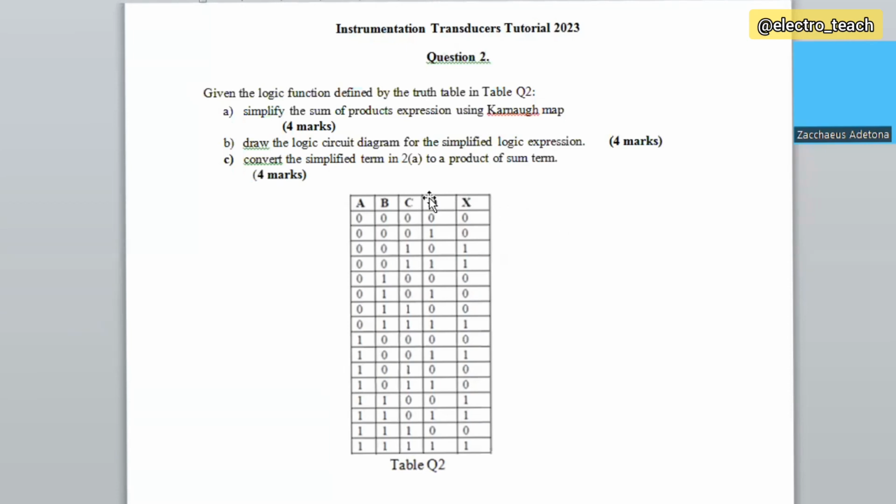And the last one, we are going to convert the simplified expression that we obtained from the Karnaugh map in question A into a product of sums. The expression we get out will be a sum of products, then we are going to convert it to product of sums. We need De Morgan's theorem to achieve that, and that is what question 2 is all about. So pay attention as we do that on the board.